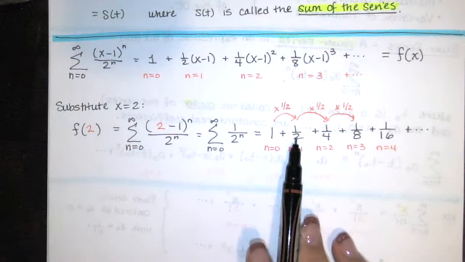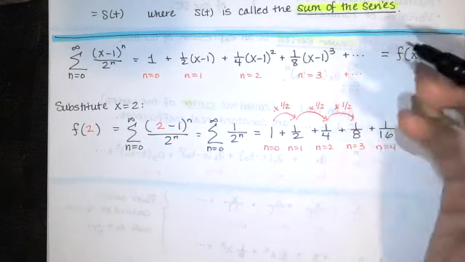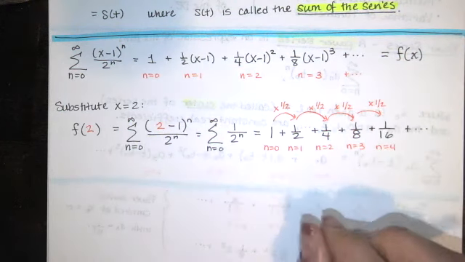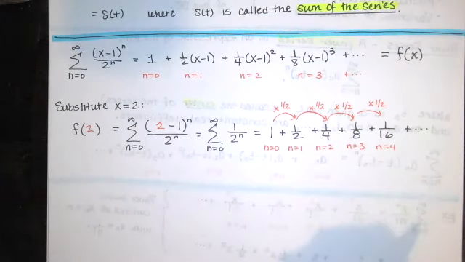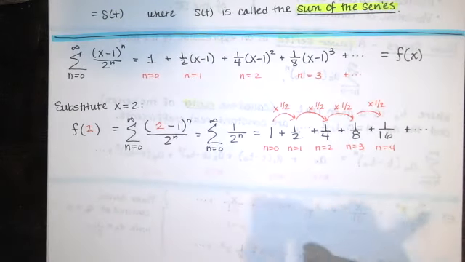So 1 times 1/2 gives me 1/2. This times 1/2 gives me 1/4. This times 1/2 gives me 1/8. 1/8 times 1/2 gives me 1/16. And we keep going. So this is geometric. And this number that we multiply by over and over again is called the common ratio of that geometric series. The common ratio is 1/2.